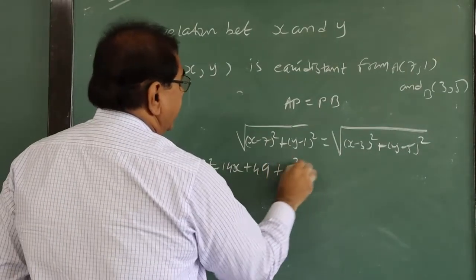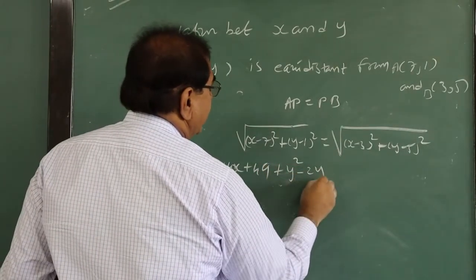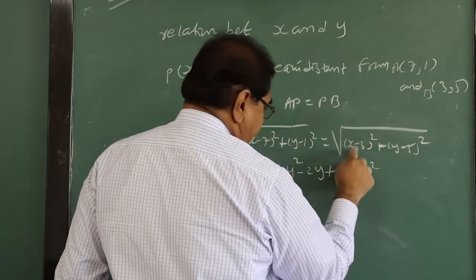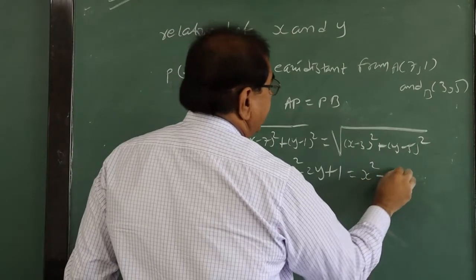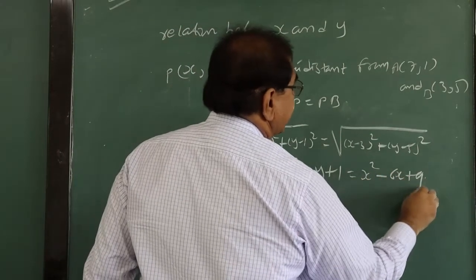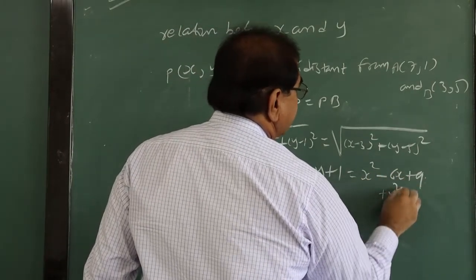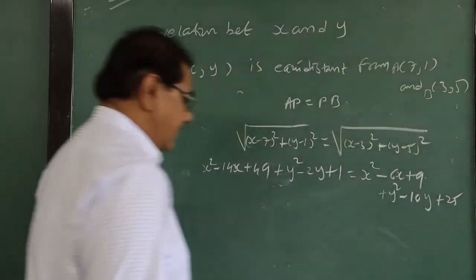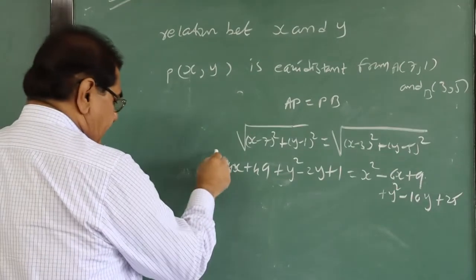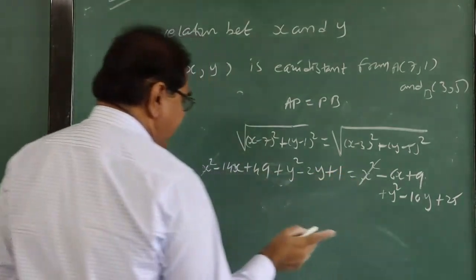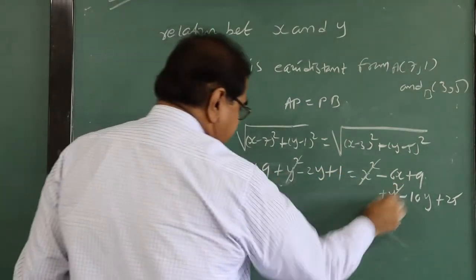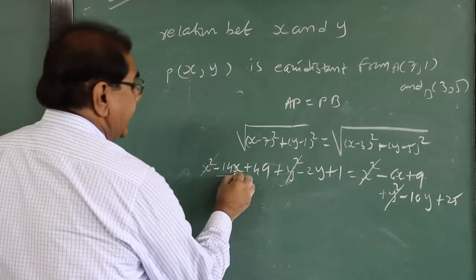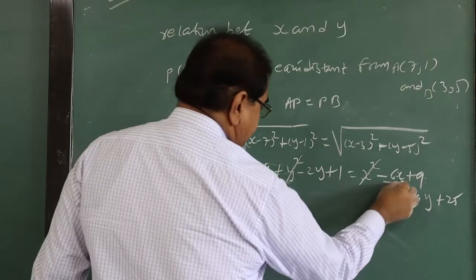Same thing here: y square minus 2y plus 1 is equal to x square, again a minus b whole square, x square minus 6x plus 9 plus y square minus 10y plus 25. Okay, so from either side, x square with the same sign is gone, y square with the same sign is gone. Now minus 14x and here minus 6x.